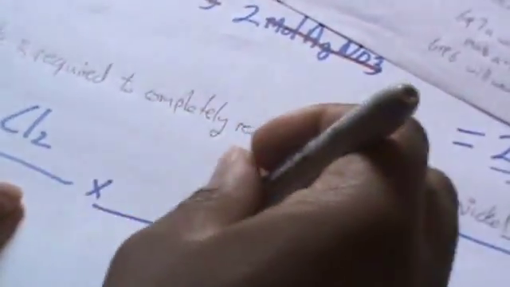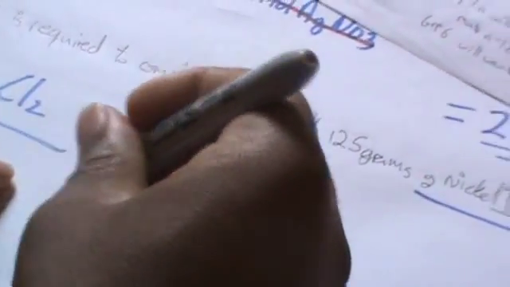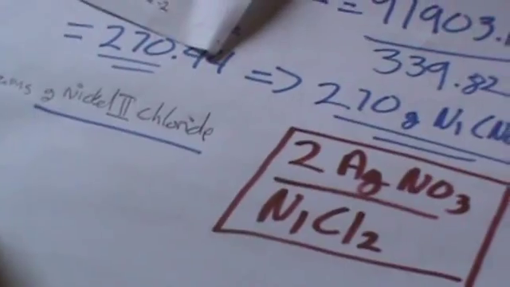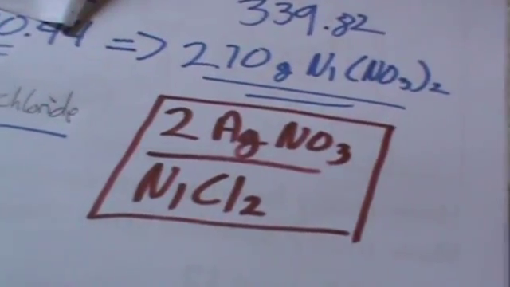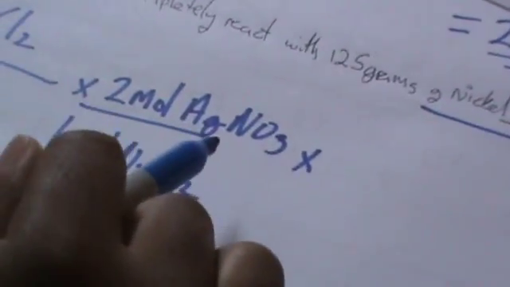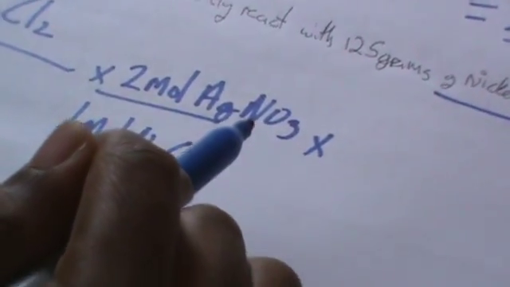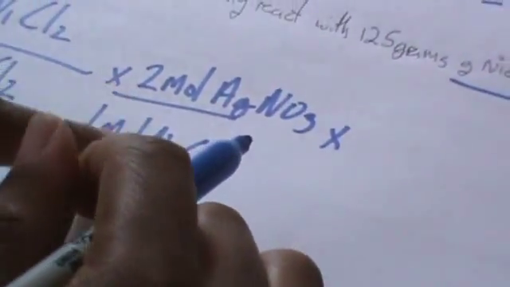So 1 mole of nickel chloride 2 is directly related to 2 moles of AgNO3. My handwriting kind of sucks, but AgNO3. And then we want to find out how many grams. We're going right back into the mole to gram conversion, because we have moles here and I need to find how many grams.